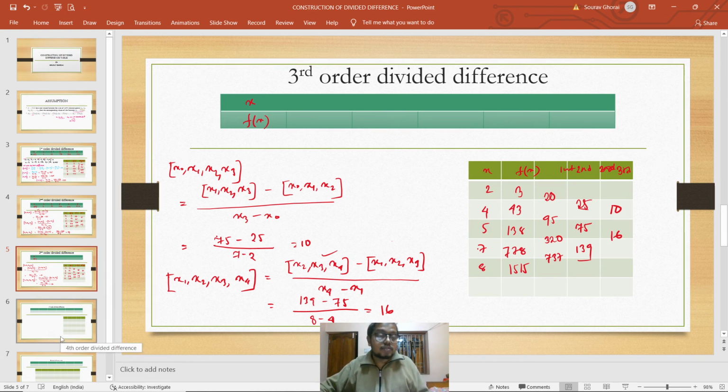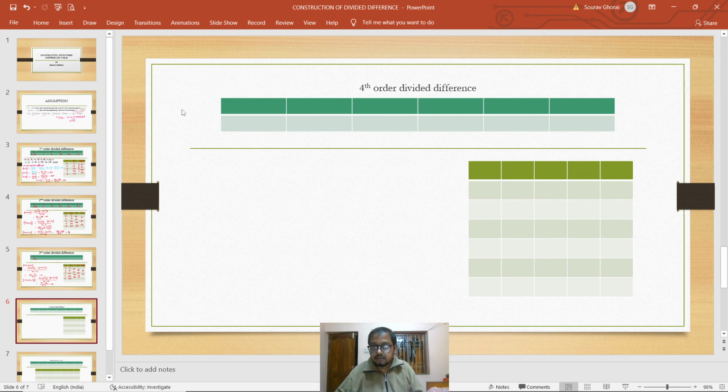And now lastly we have to construct the fourth order divided difference table, and then we will write the final divided difference table.